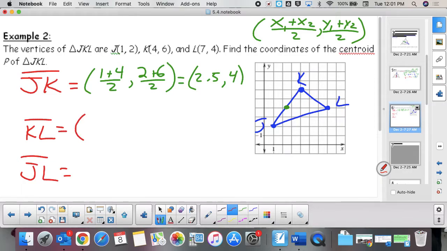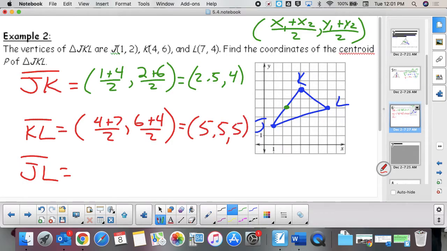Add your x's. 4 plus 7 divided by 2. 6 plus 4 divided by 2. We get 5.5, comma 5. So there's my second midpoint.